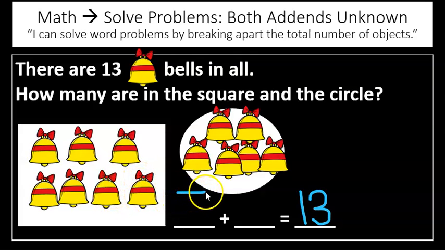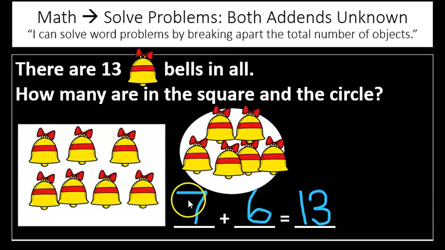So in your first addend, you're going to write 7 like that, okay? Because there are 7 bells here. Now you come to the circle and you count up those bells. Let's count it together. 1, 2, 3, 4, 5, 6. So we put 6 here because that is our next addend, okay?